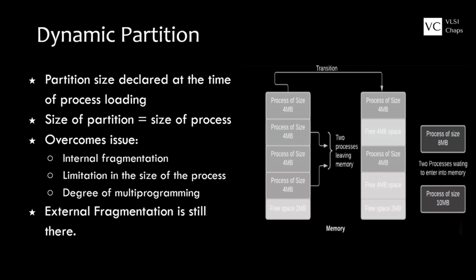So the size of the partition will be the size of the process. Here we do not have internal fragmentation. The reason is we will not have any free unused space, because the block will be of the size of the process.